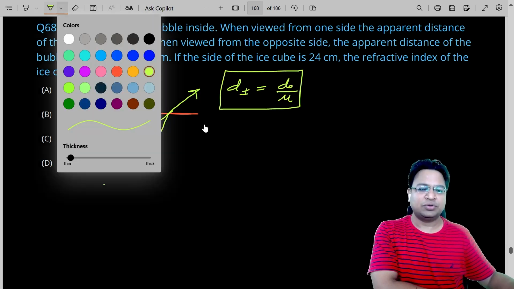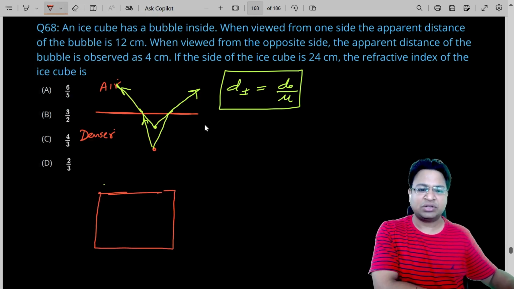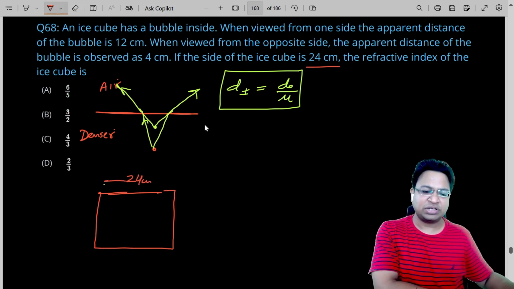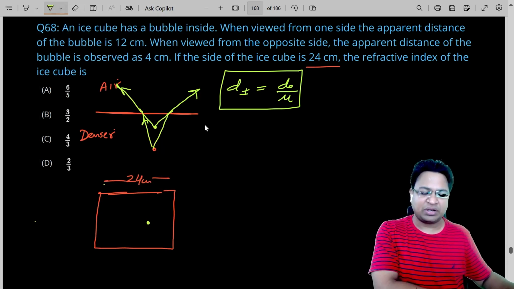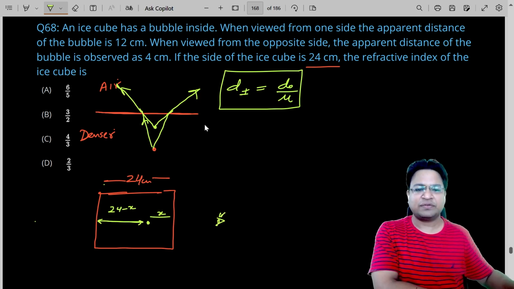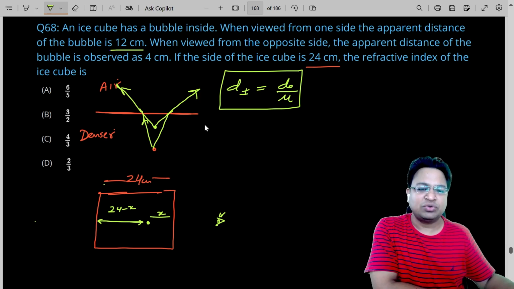Okay, so let's come to the question now. This is a cube here, and the cube has a 24 centimeter side. Let the object, which is actually an air bubble, be somewhere here at a distance x from one side. So the distance from the other side would become 24 minus x. Now, when viewed from one side, the apparent distance is 12.